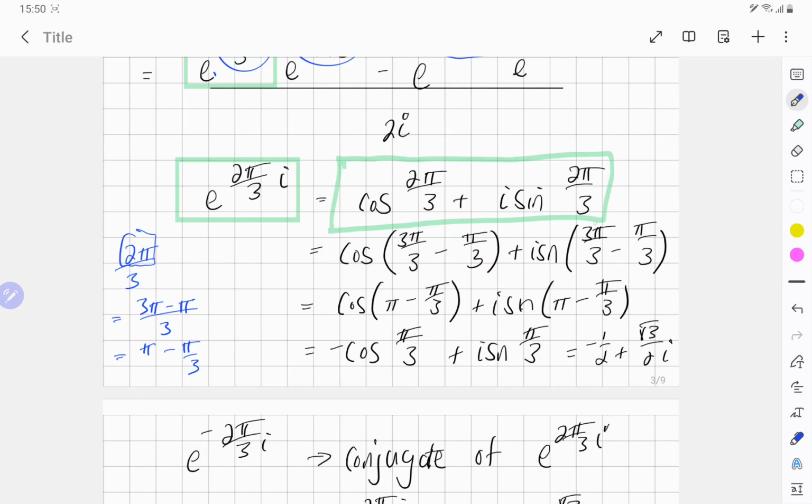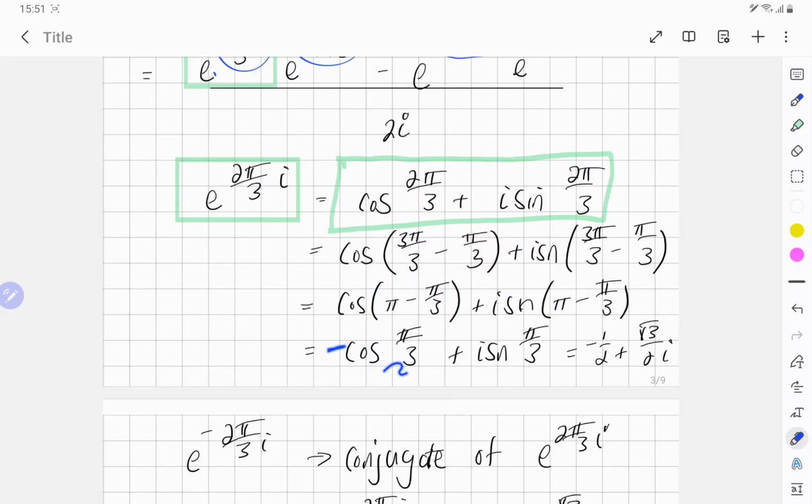And then I do the same for sine. I do the same here, so I get the same angle here. Now, very important, cos in this quadrant is negative, second quadrant.